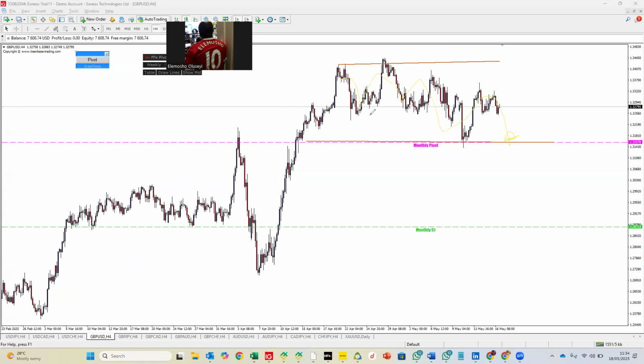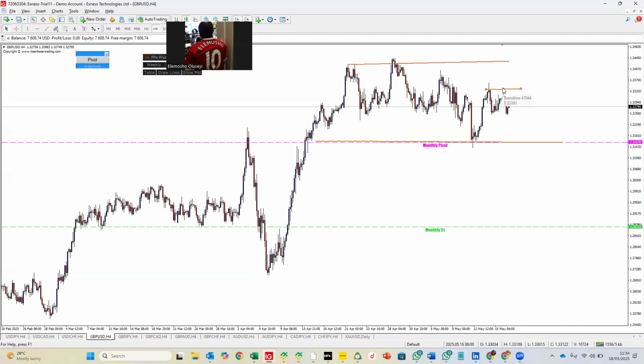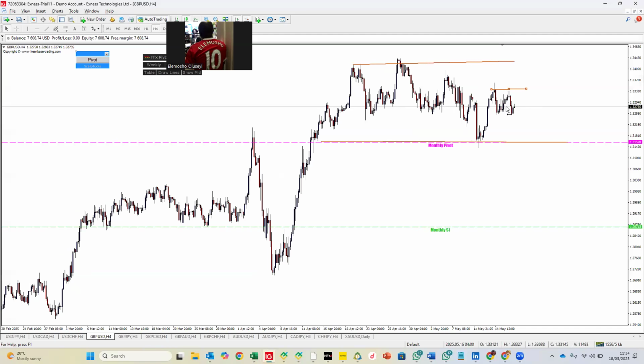But the other twist here is that if pounds was initially strong before USD becomes strong, then we are most likely going to first have this happen. That means price first buys up to this point before it then sells off.